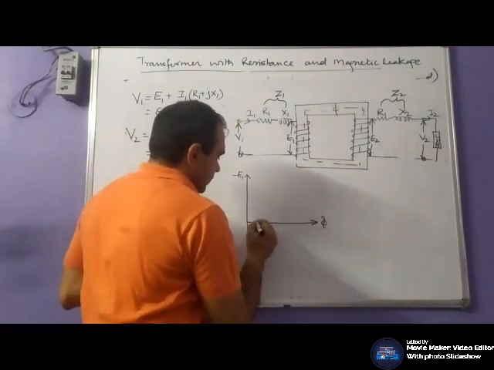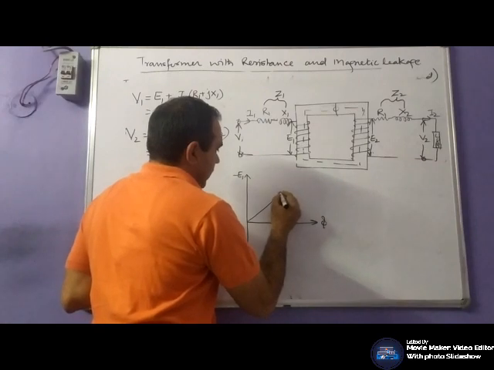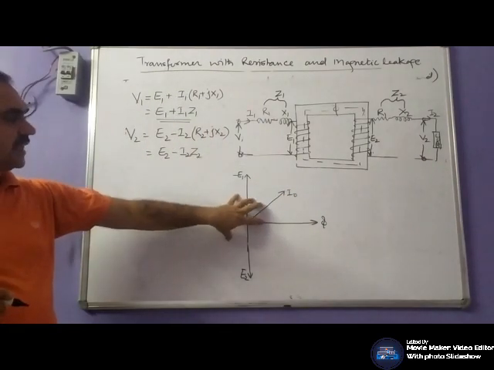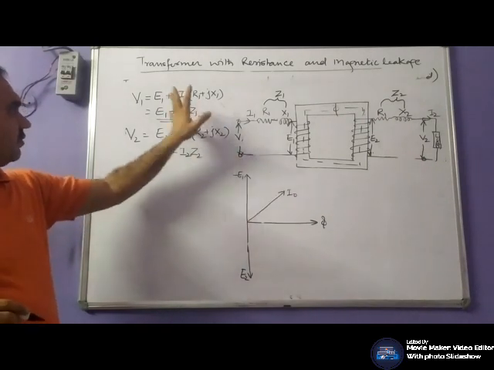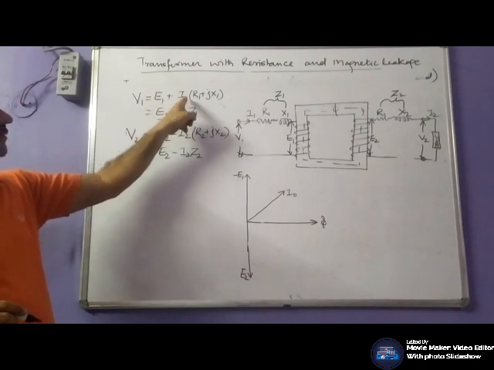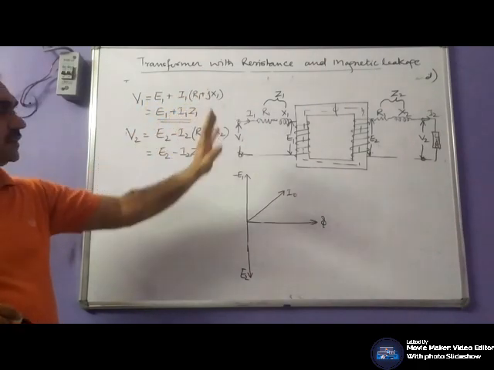This is the flux, and I naught, the no load current. Phi naught we will represent once we find V1. We know V1 is E1 plus I1 R1 plus jX1.